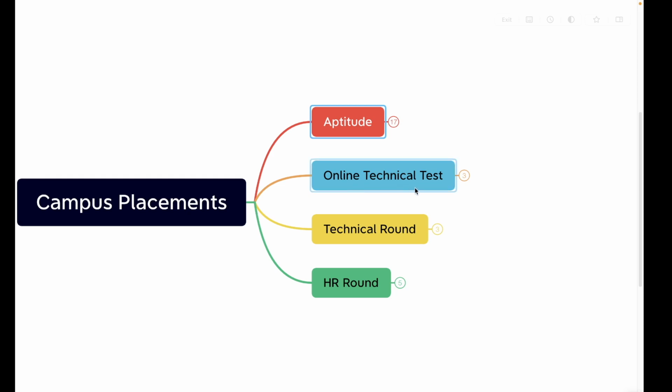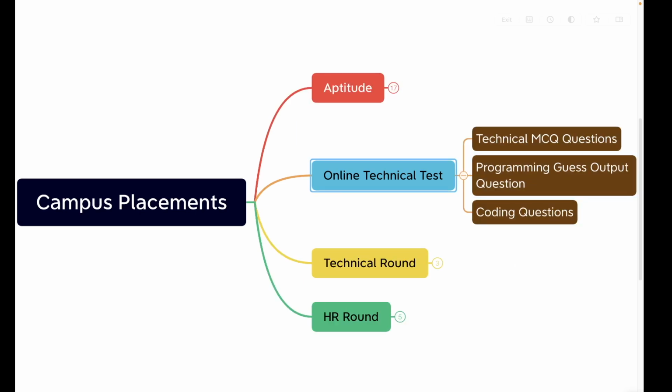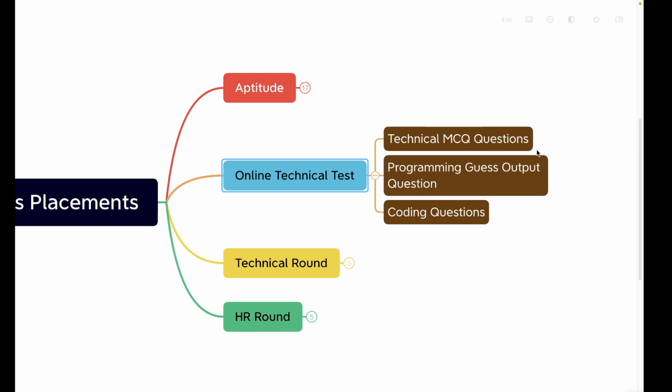In this online technical test, there will be technical MCQ questions, or programming guess the output questions, or there will be coding questions. Some companies go with MCQ questions related to technical topics, and some companies directly have coding questions, so that round will be your coding round.